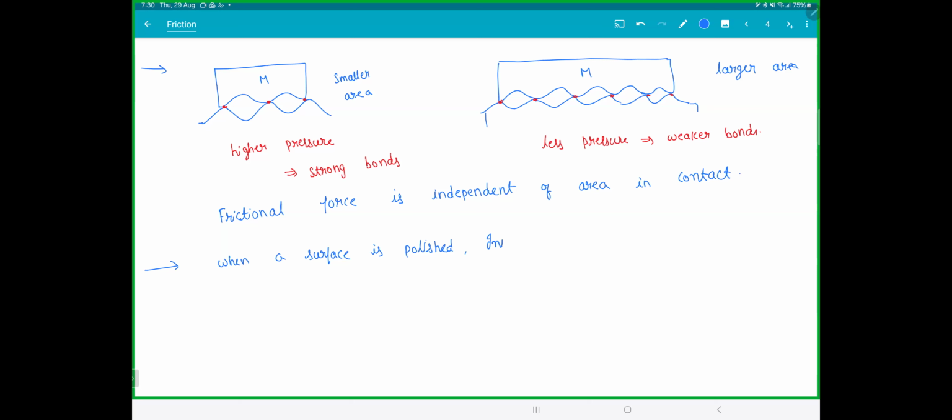Something interesting happens. Initially, friction decreases. Basically, you're making the surface a little more flat. So initially, interlocking will decrease, so friction decreases. But you get too greedy and you start polishing more and more.